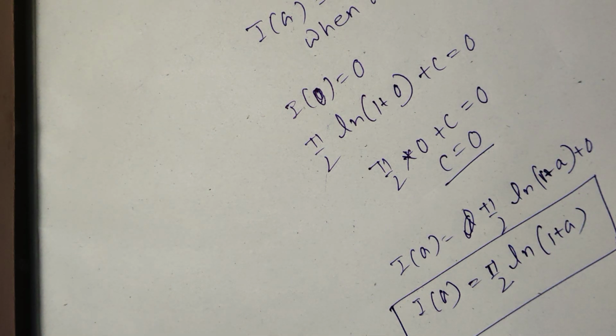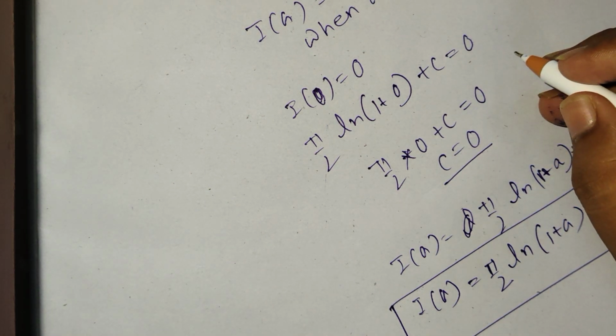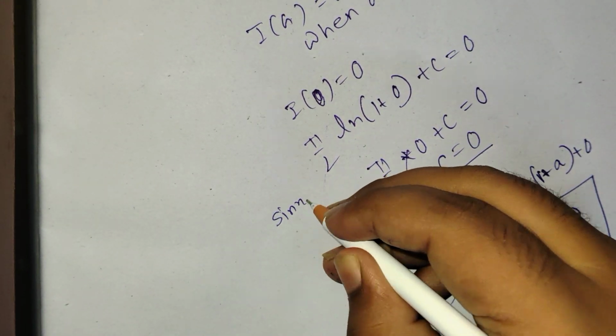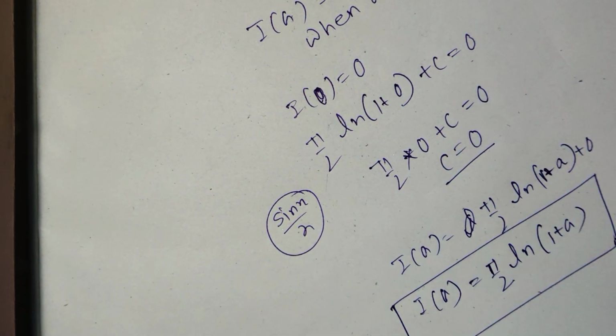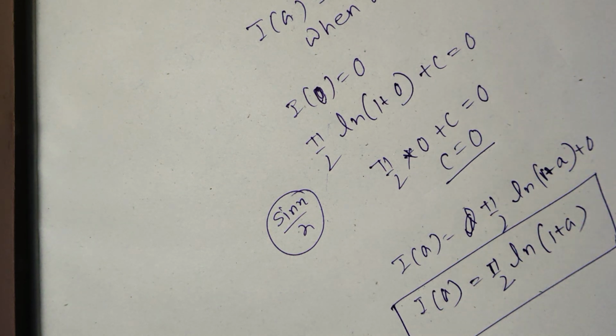So this is all about this video, and in the next video maybe I will solve the integration sine x by x from 0 to infinity, which is a little bit hard question, because in that case, you will be dealing with a function where you will not see there is an a. In the two questions which I have solved in this video, you may see there's an a, so that we can differentiate it.